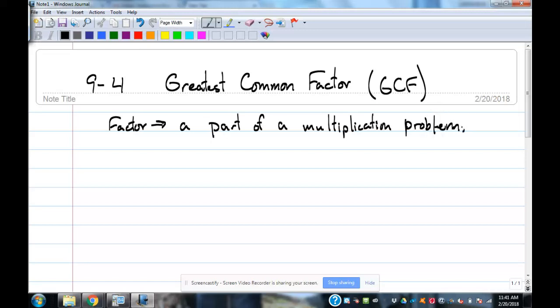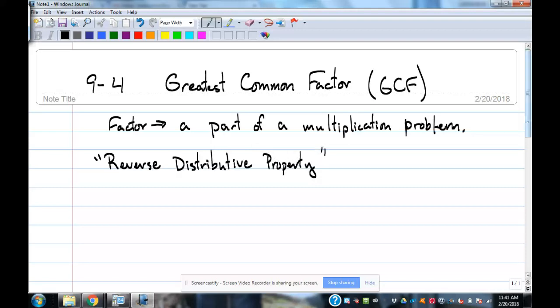So when we're looking for the greatest common factor, I want you to think reverse distributive property. Okay, that's what we want to think about when we're doing this.